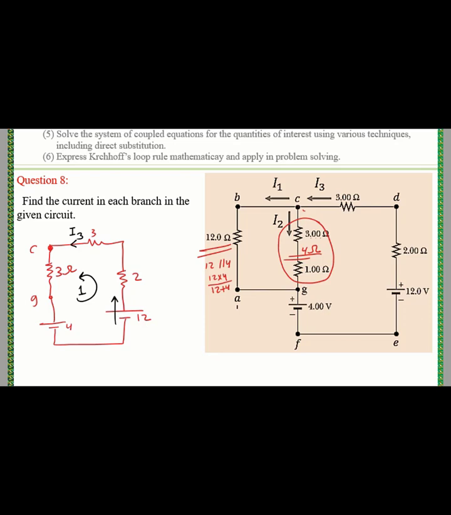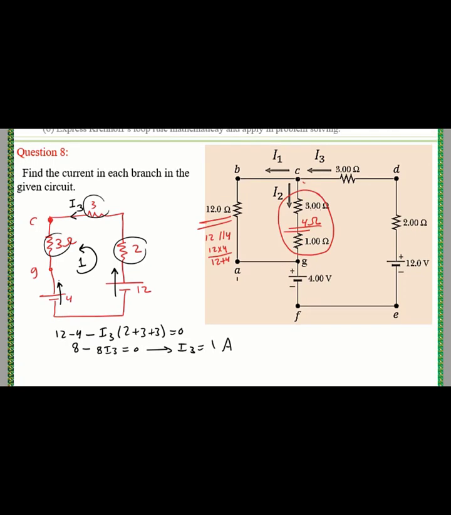This voltage is with you, 12, and this voltage is against you, 4. So 12 minus 4 minus the current I3, which flows through 2, 3, 3: 2 plus 3 plus 3 equals 0. 12 minus 4 is 8, minus 8I3 equals 0. Then I3 equals 1 ampere. And that's it.